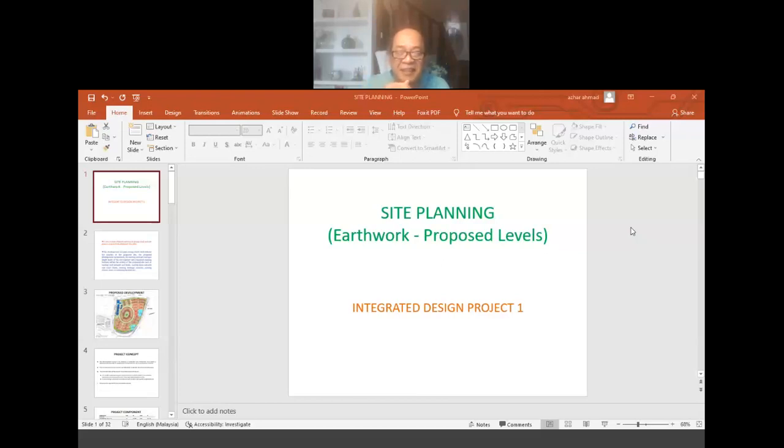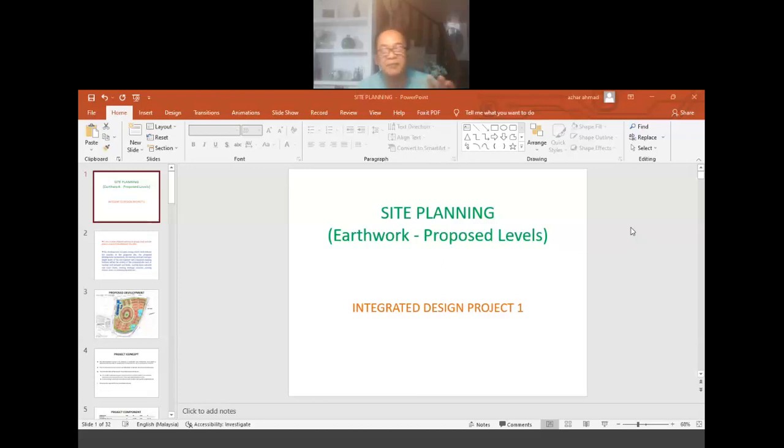Remember, I mentioned earlier during the briefing that the earthwork and the costing department will have to work very closely together, in the sense that the earthwork department will come up with a proposal of the levels for the overall site. Then these proposed levels will be passed over to the costing department, and the costing department will come up with an evaluation of the earthwork cut and fill, and from there they will arrive at certain costs.